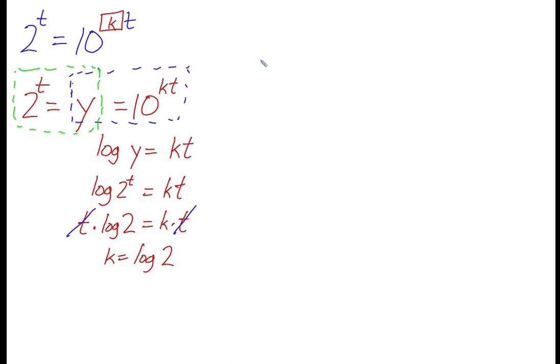And so what we find out is 2 to the t, that's the same as 10 to the log base 10 of 2 times t. We could go through this exact same series of steps here to find out that if we had something like 3 to the x and we wanted to make that 7 to the something times x, that something right here would be the log base 7 of 3.